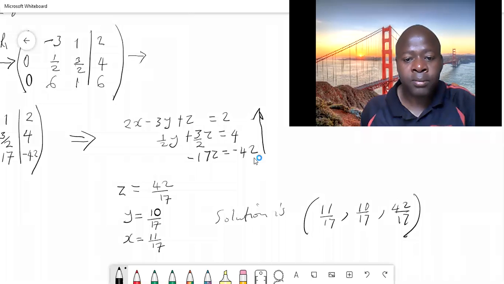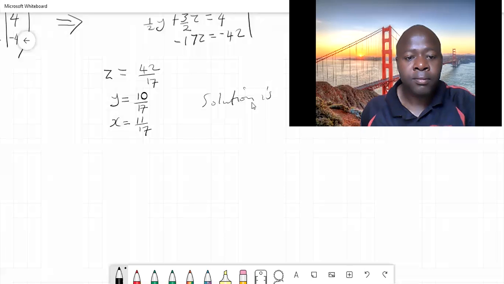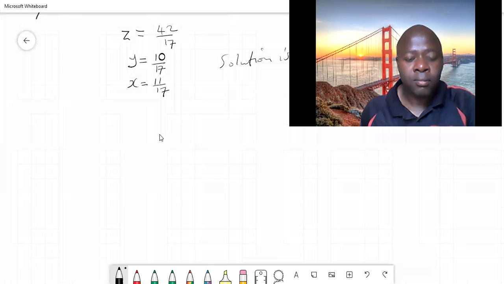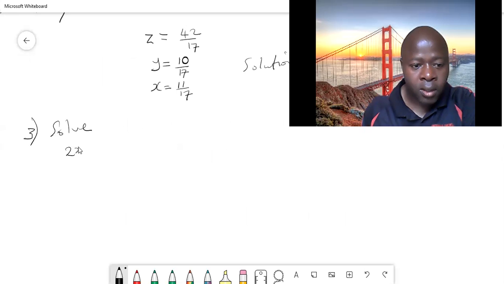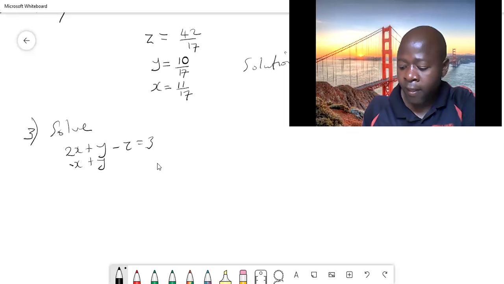Let's look at another example. Solve 2x plus y minus z is 3, negative x plus y plus 2z is 3, and x minus 2z is 1.